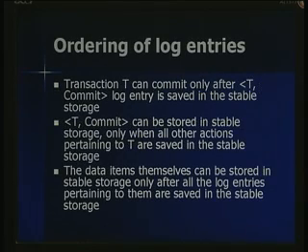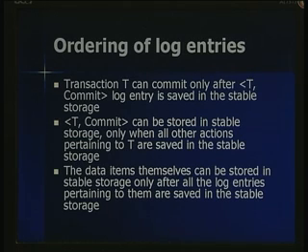Now, as you can see here, we are also showing how these log entries will be ordered, the ordering of the log entries. We say a transaction T can commit only if the log entry relating to that is saved on a stable storage.